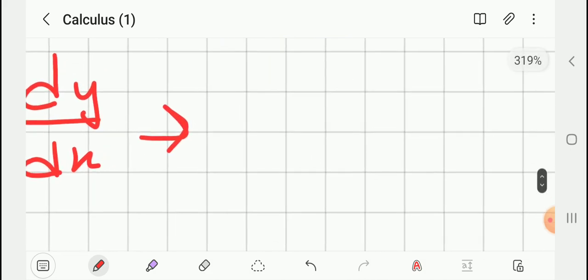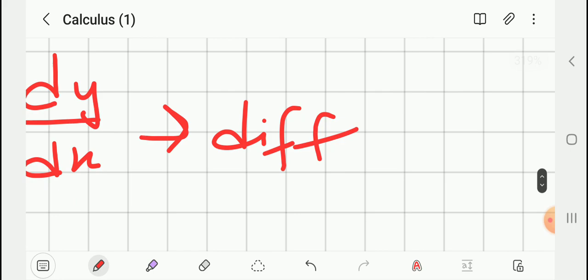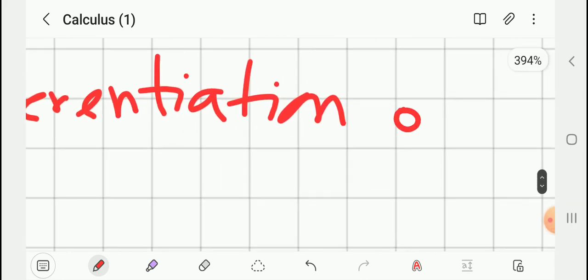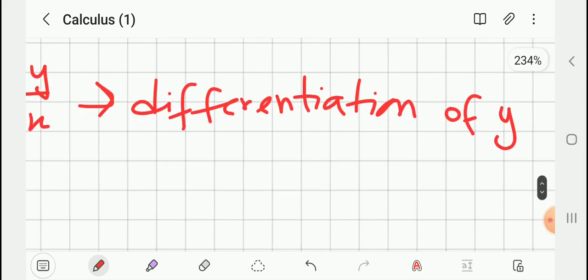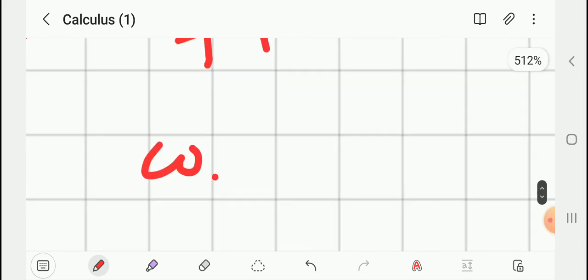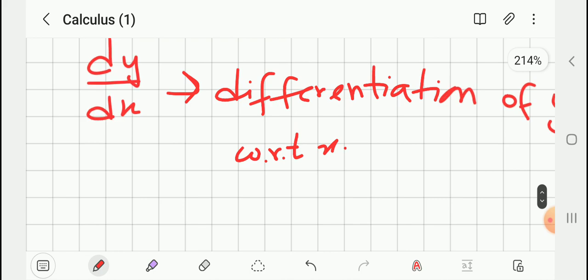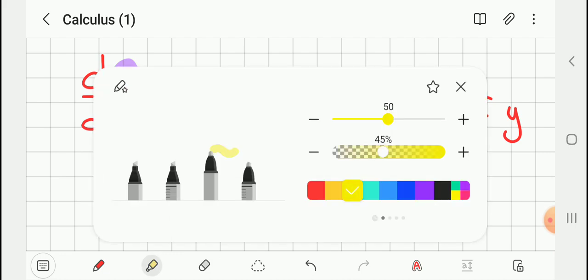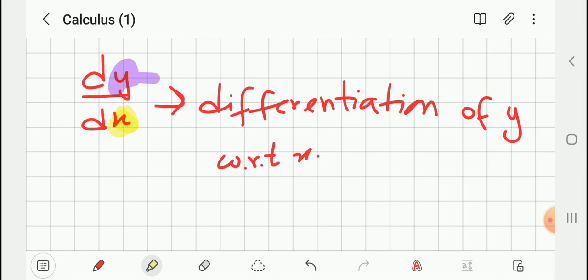We read it as differentiation of y with respect to x. Like a very small value of y is being changed with respect to x. I hope it's clear to you.